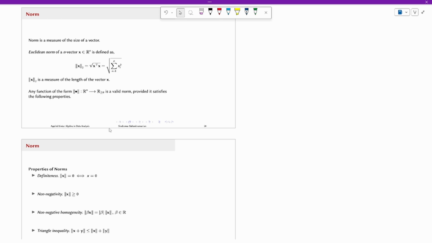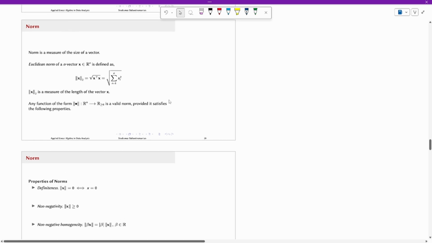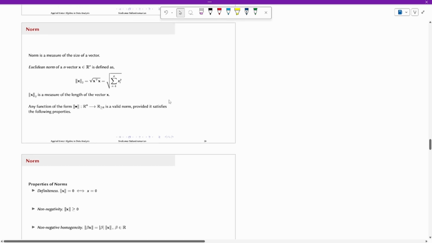The next concept that we look at is called the norm, which is essentially the idea of the length of a vector. For example, if I give you two numbers, 5 and 23, and I ask you which one of these is larger, you immediately say that 23 is larger.